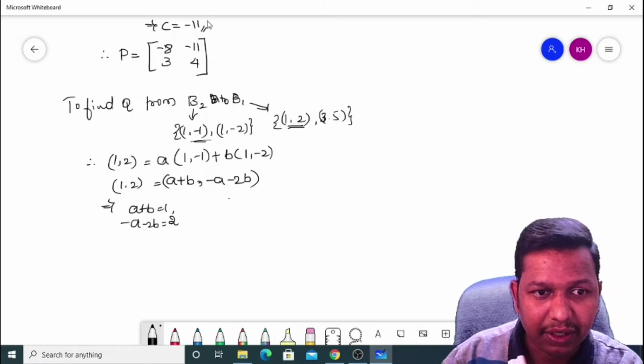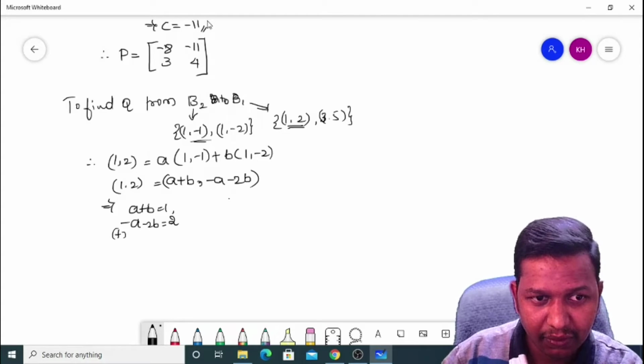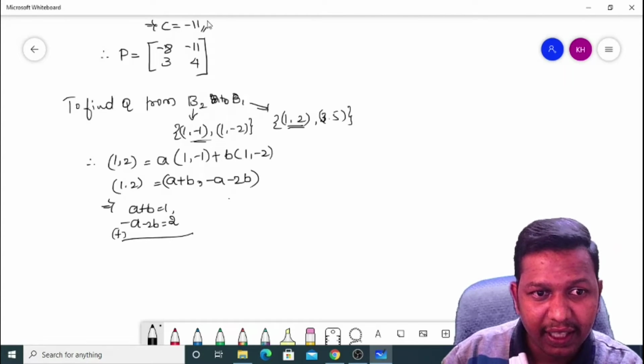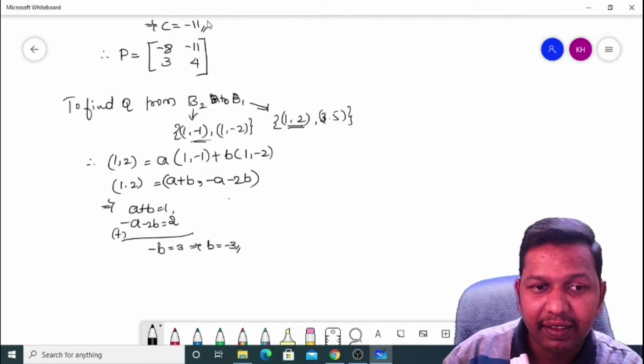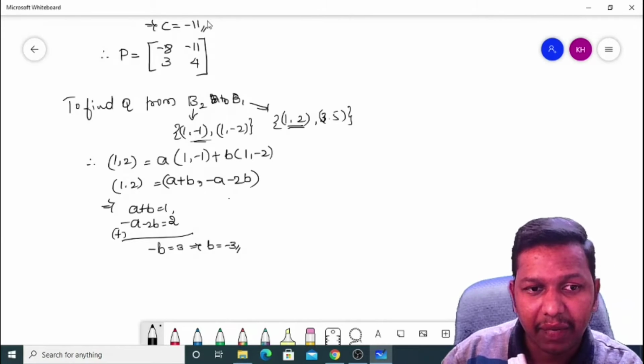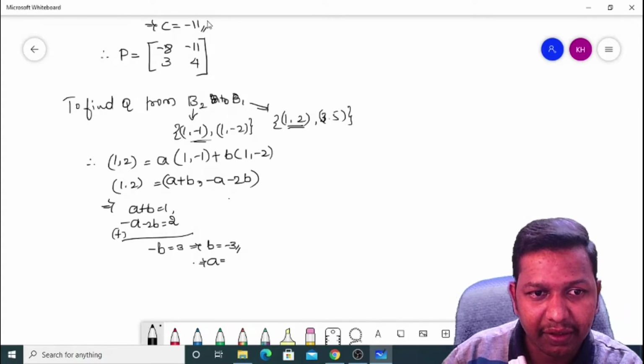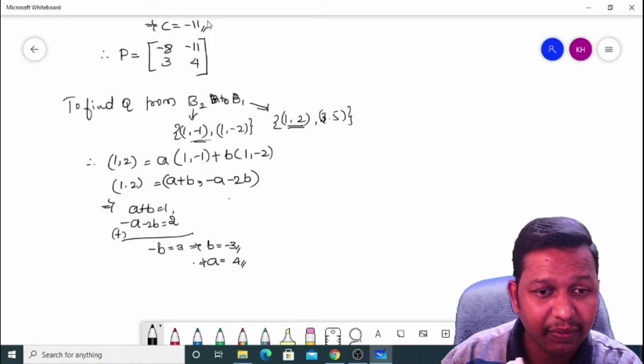Add these two equations, we get A cancelled, then -B is equal to 3, which implies that the B value is -3. Since the B value is -3, the value of A is equal to 4.